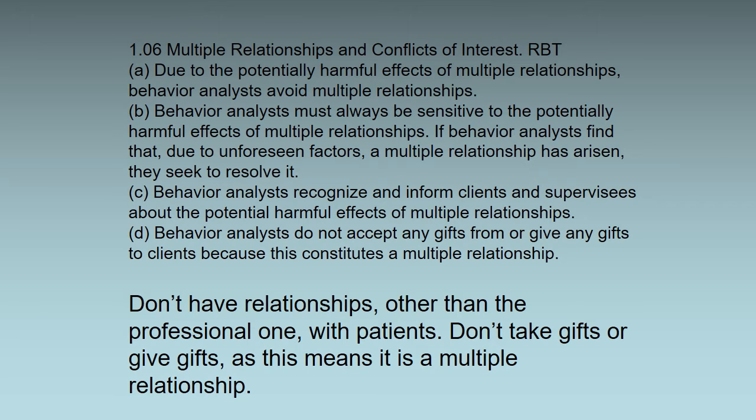I'm only there professionally for the patient. So you understand as an RBT that having a multiple relationship can be very harmful. Behavior analysts must always be willing to identify the potentially harmful effects of this.